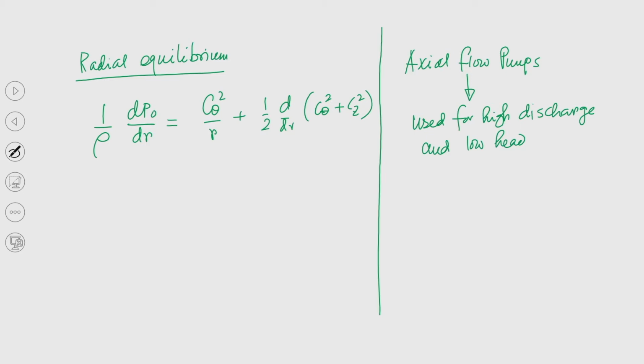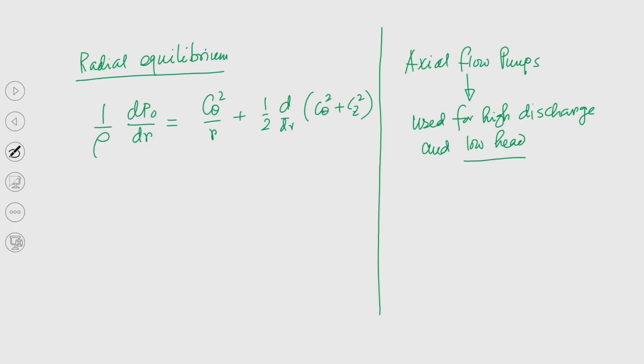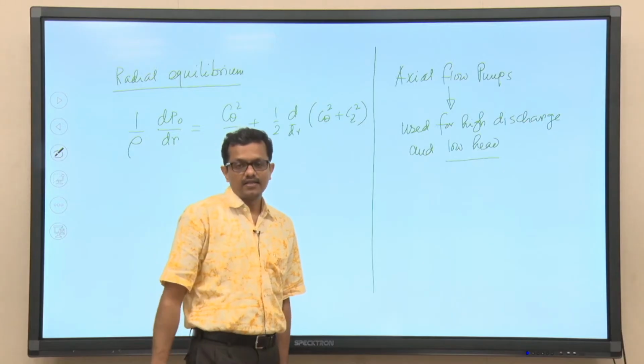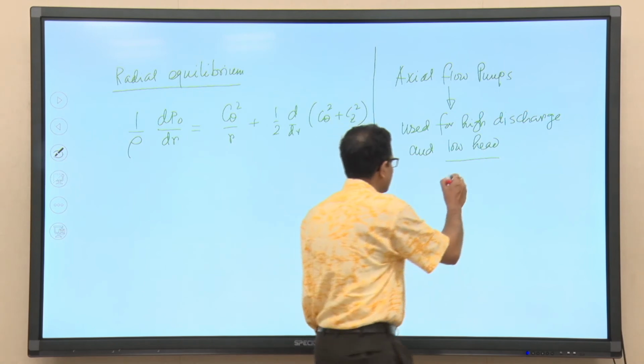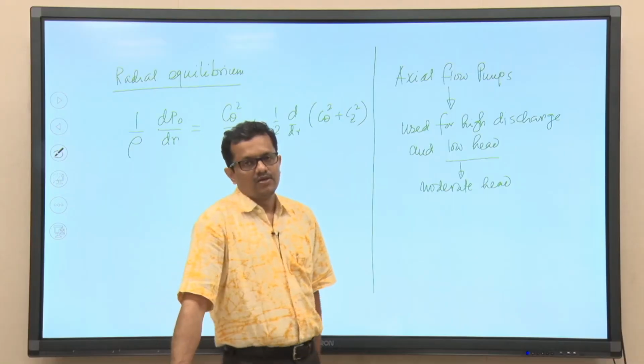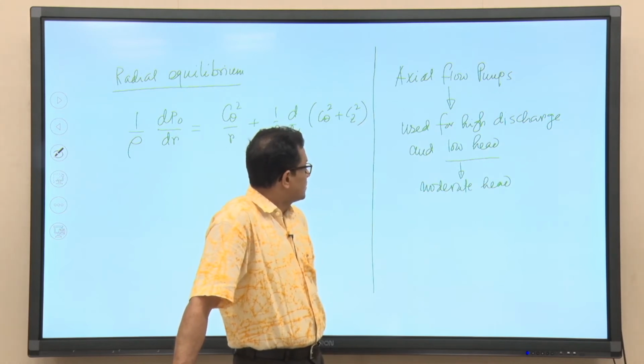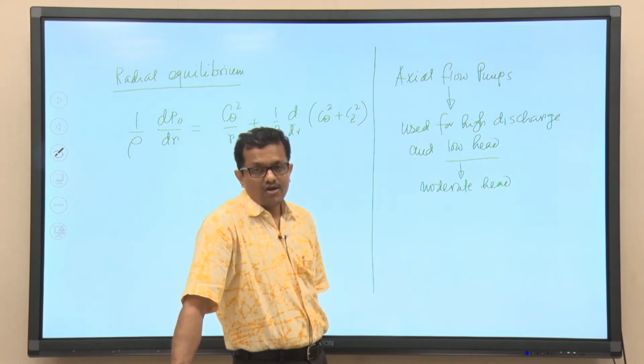If we need to develop moderate head using an axial flow pump, what should we do? Basically, from low head to moderate head, what will a designer do? Discharge will be high and head will also be moderate.